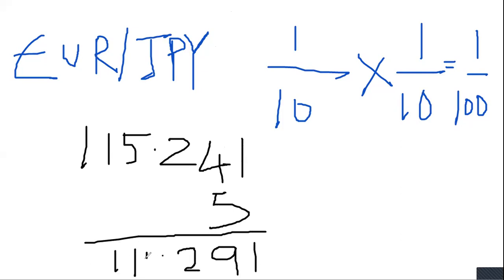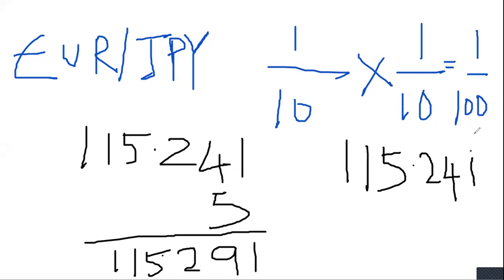Vice versa. If I add 10 pips to it, that's 115.341. Let's say I add 20 pips to this.